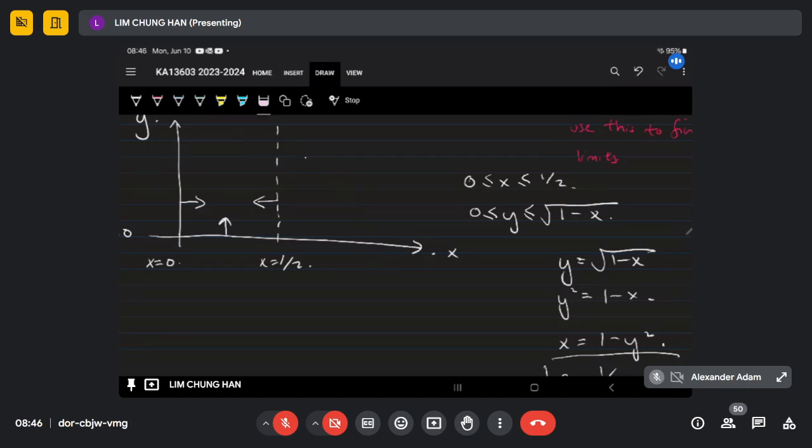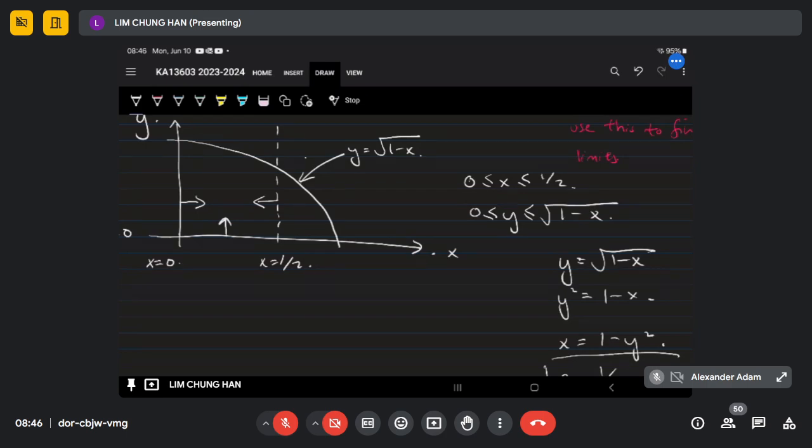Let me draw it properly. It's actually like that. So this is y equals to square root of 1 minus x.